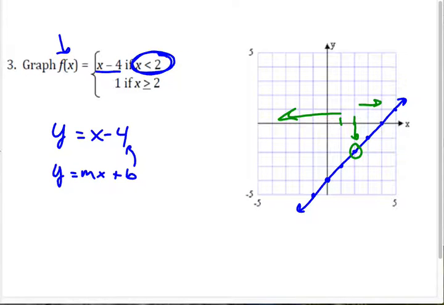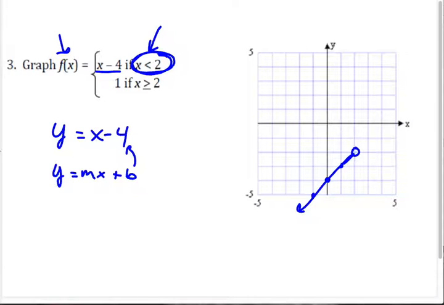Anything going to the right would be greater than 2. We want less than 2, so we're going to eliminate this part of the line. It is less than, so at 2, we're just going to have an open circle there. That means that point is not part of the graph, but that's kind of where it starts. So there's the first part of our piecewise function.